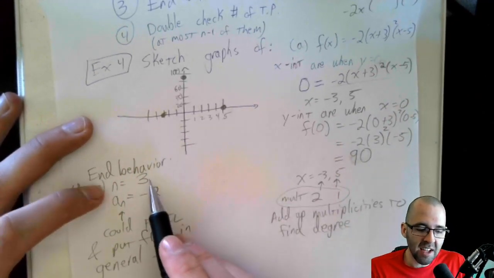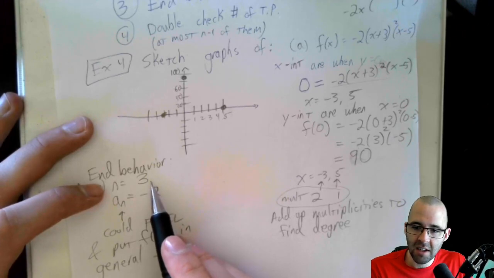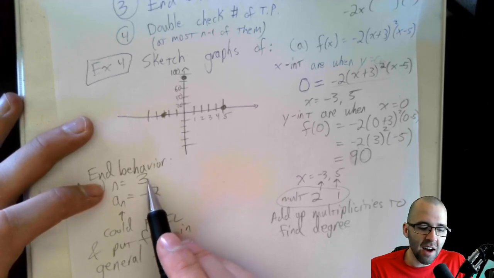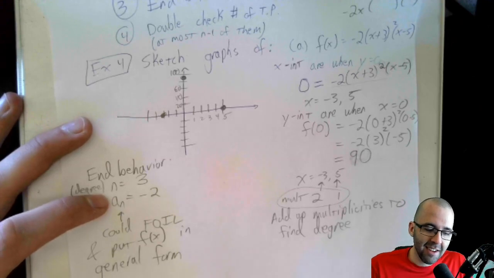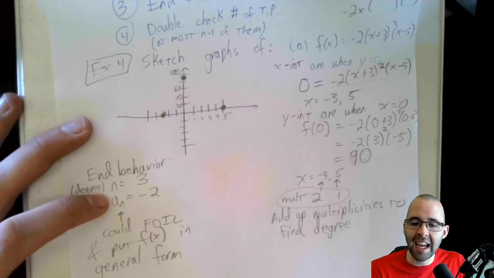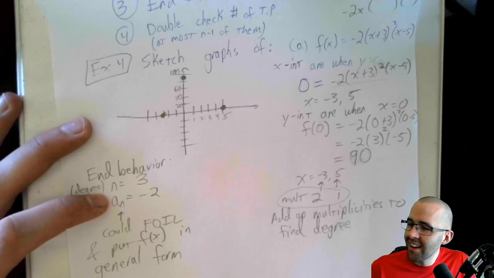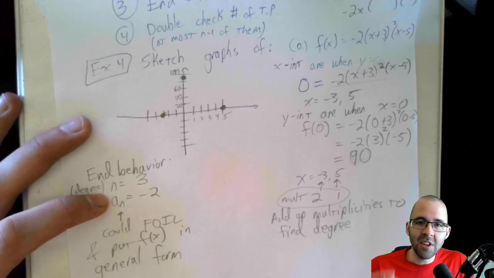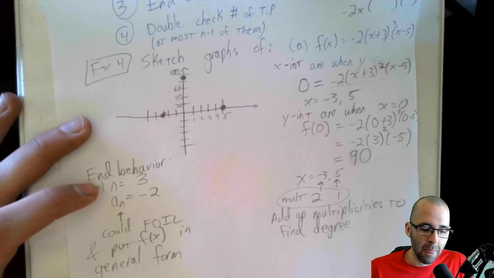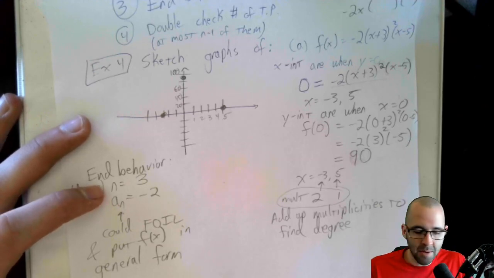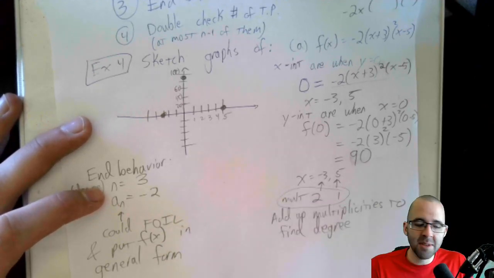So, what does the end behavior look like if it's odd and the leading coefficient is negative? It looks like a negative cubic function, the end behavior. You can go back to your table. If it's odd, they go in opposite directions.